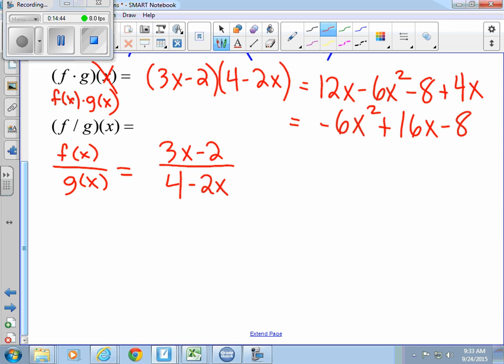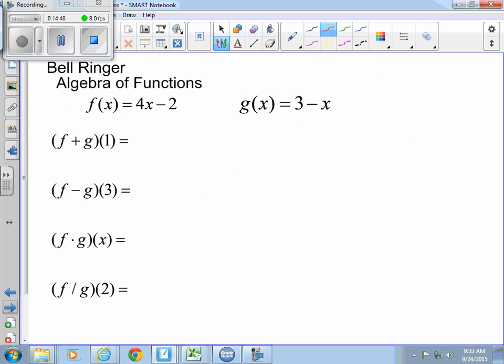So that is algebra functions with an x. Now we're going to look at algebra functions with other things besides an x. These are different functions. We are not using the same thing we did on the last slide, not the same f and g.